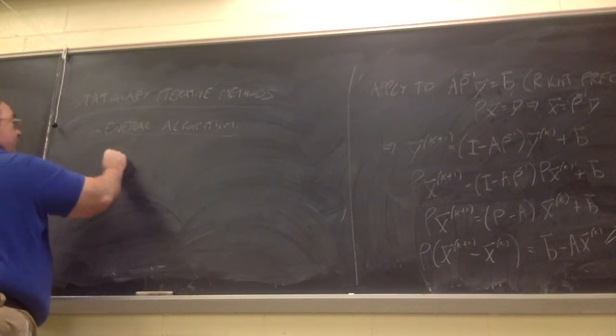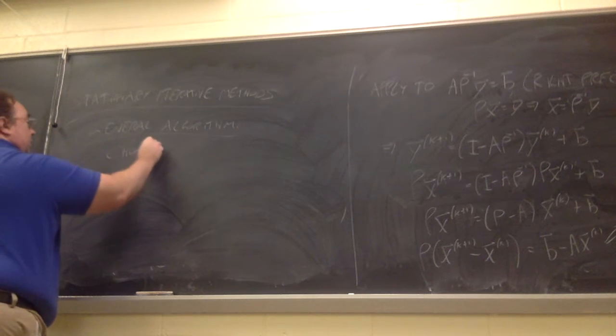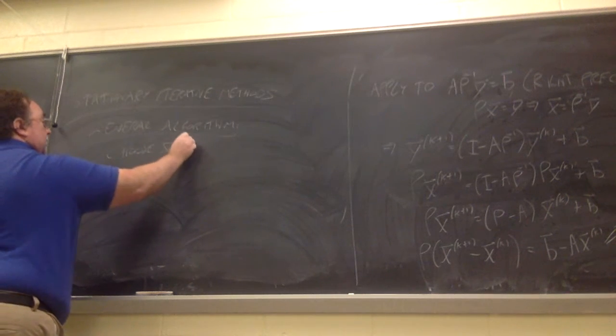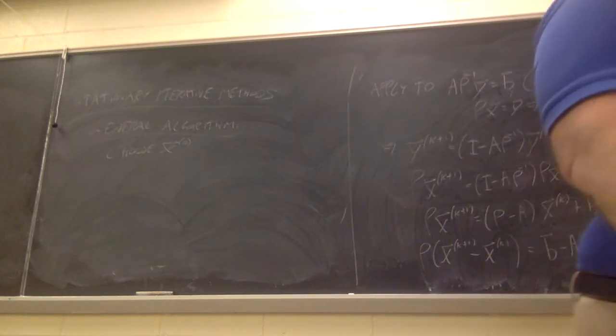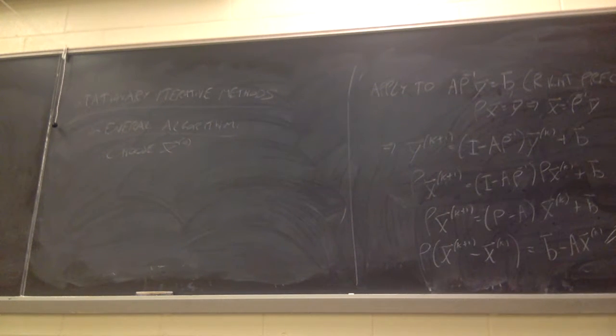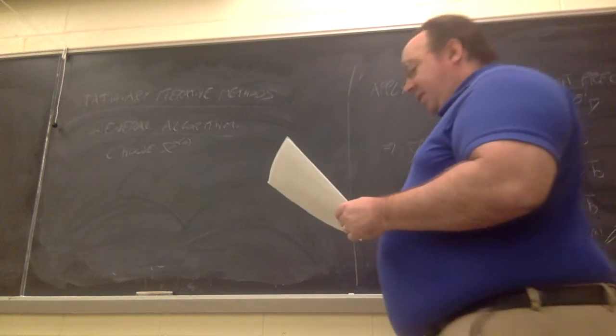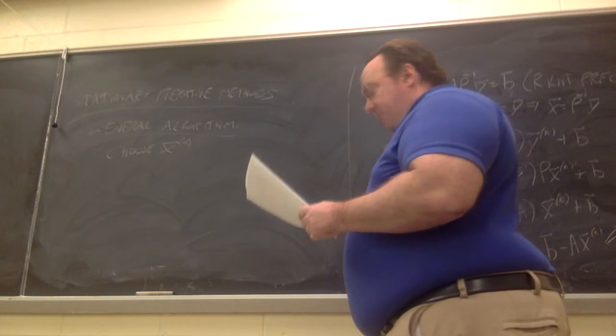First, you have to choose an initial guess. If you don't have any particular criteria that helps you choose, you can always set it equal to 0. There are certain cases, when I talk about time-dependent PDEs, where there is a logical choice for an initial guess that would be fairly accurate and would certainly help convergence.